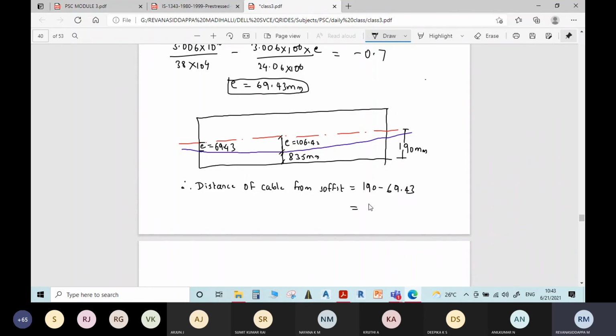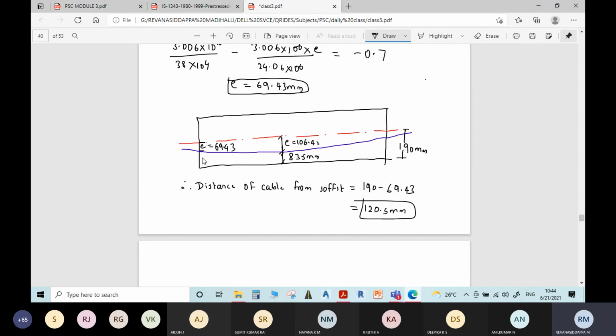If you do, you will get the distance of the cable from the soffit at the support. How much will you get? 120.57, sir. Yes, 120.57, so 120.5 mm. Okay, this is how the location of the cable is to be determined.